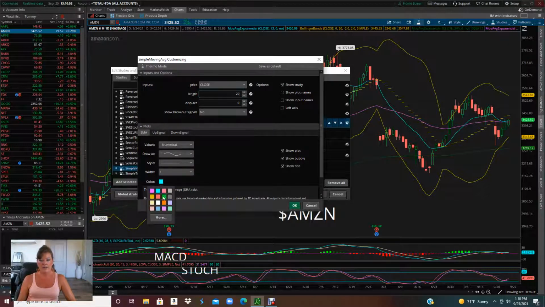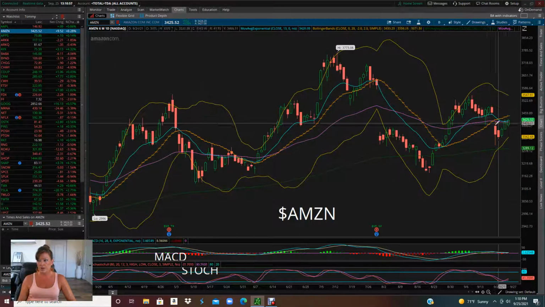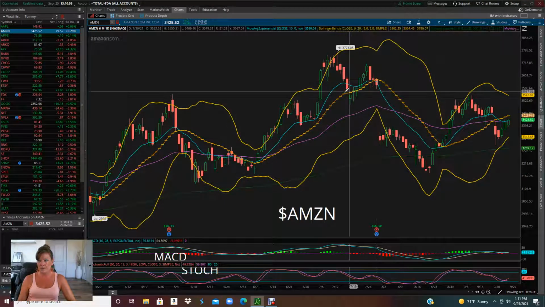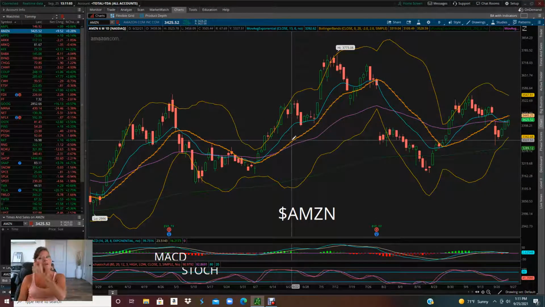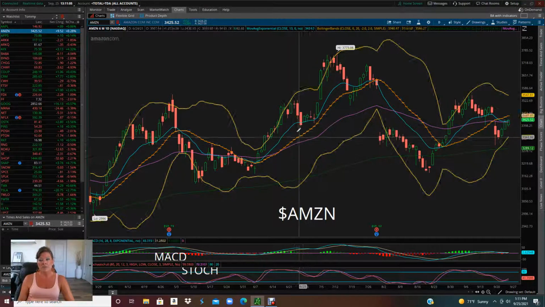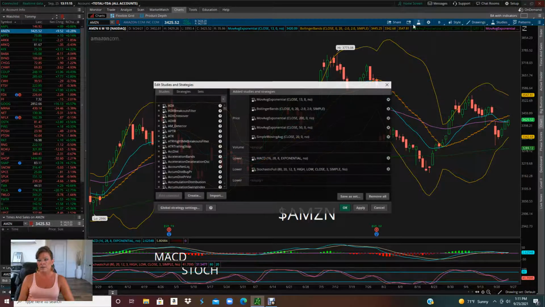I'm going to make it an orange, and there we go. There's your 20-day simple moving average, which is the same as the mid Bollinger Band. So I normally use exponential moving averages, but the mid Bollinger Band is a simple moving average. So just FYI on that one. I'm going to go ahead and get rid of that.